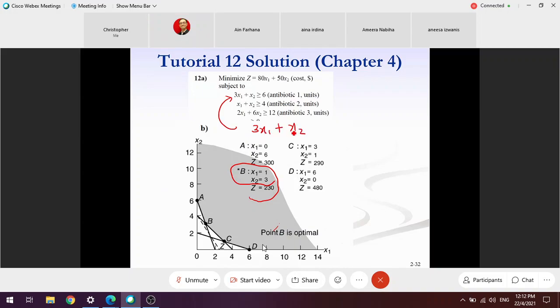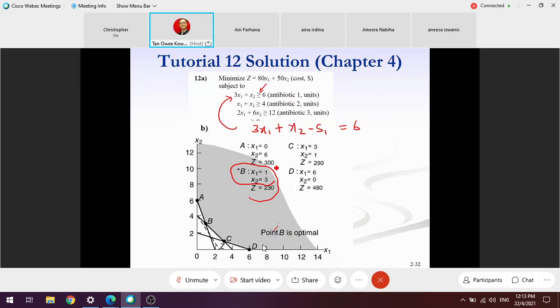Now, because this constraint comes with a symbol of greater or equal, by referring to this, I know that it must be a surplus instead of slack. Because it's bigger, there is no more unused resources, it's existed resources. So it must be negative x1, then equal to 6.